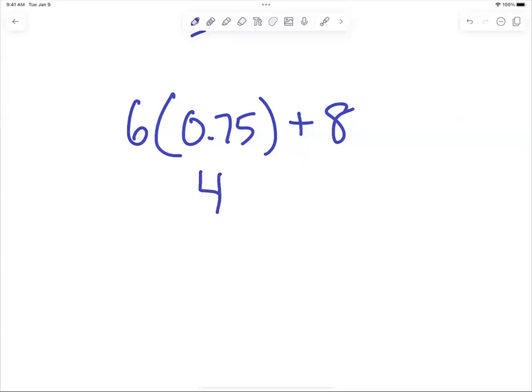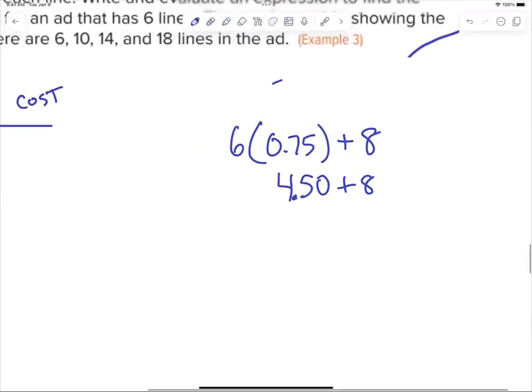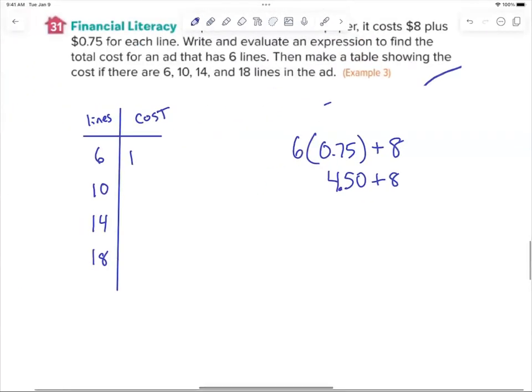Now, how many places do I have to move the decimal with my 0.75? Twice. So it's going to be $4.50 and then plus 8. Tell me what that is. 12.50. Brilliant. So I want everybody to come up here and put 12.50.